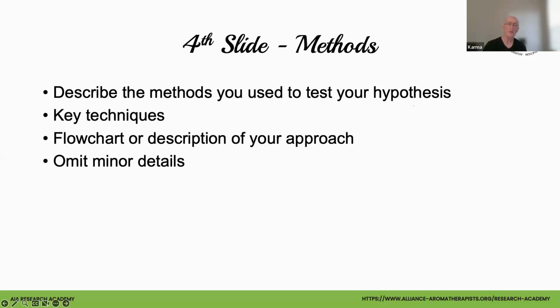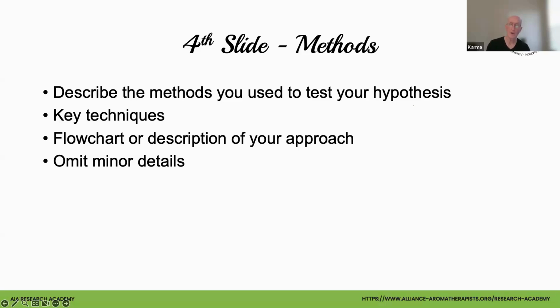You also want to share your key techniques. If you use a lot of patients and clients, then a flow chart is sometimes useful to make the audience aware of how the patients were recruited and how they were allocated to different intervention groups or a control group.